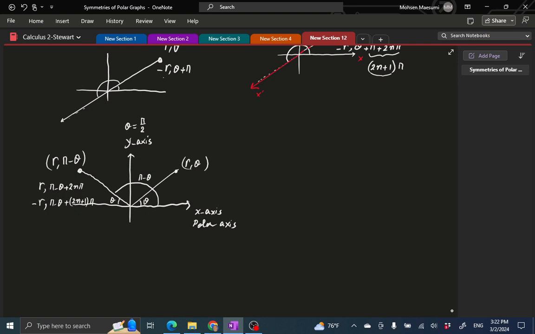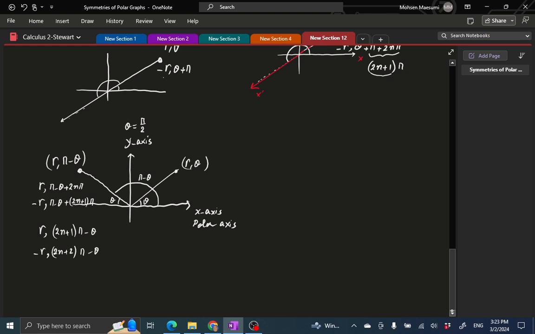The first one becomes r, (2n plus 1) pi minus theta, and the other option is minus r, (2n plus 2) pi minus theta. Now the only thing that is significant here is that this is odd and this is even. 2n or 2n plus 2 or 2n minus 2 is all the same because it's just a certain even multiple of pi.